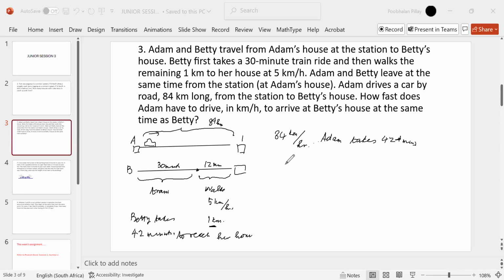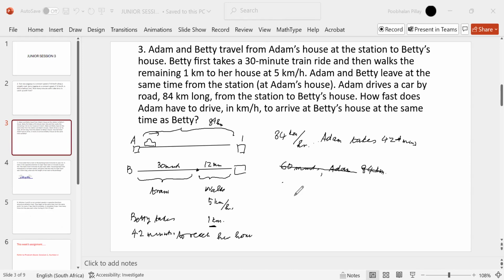So what have we got here? We got that in 60 minutes, Adam would have traveled 84 kilometers, right? And then in 42 minutes, no, we don't know what his speed is. Sorry.